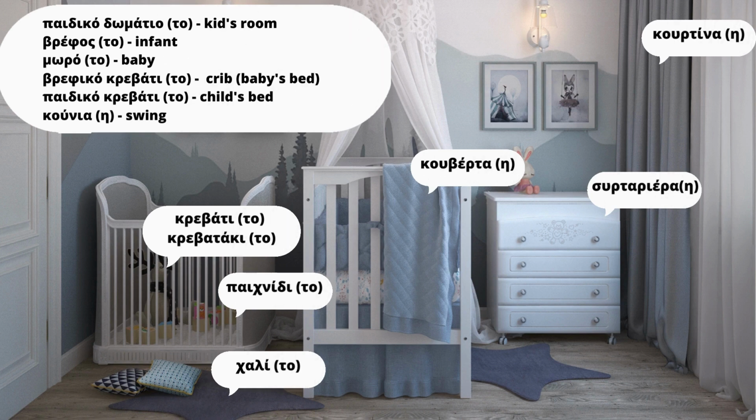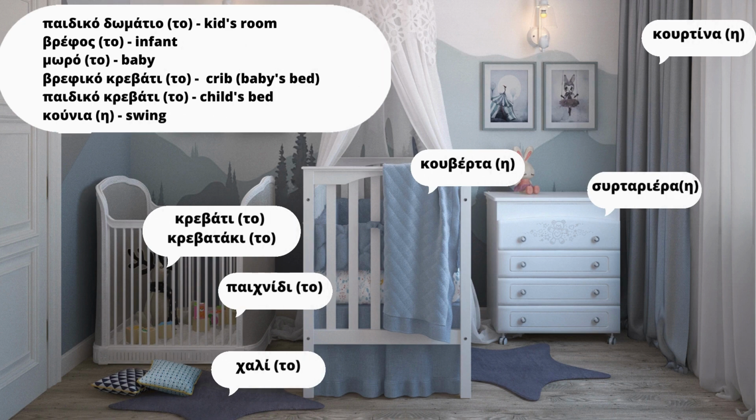Next one is το βρεφικό κρεβάτι. Το βρεφικό κρεβάτι. This is the word for crib, for the baby's bed. You can also say, and meet the next phrase, το παιδικό κρεβάτι. Το παιδικό κρεβάτι.